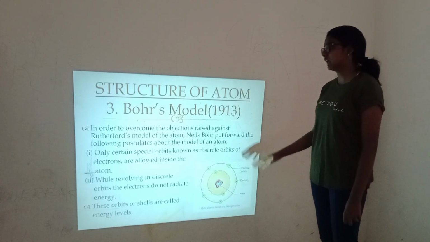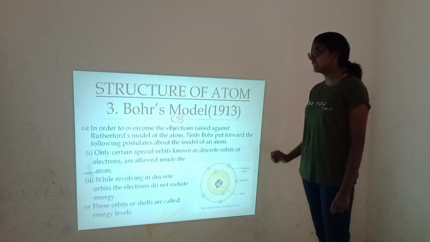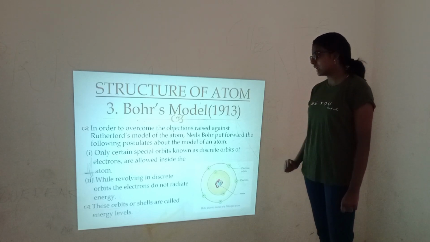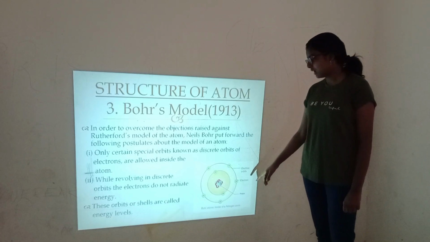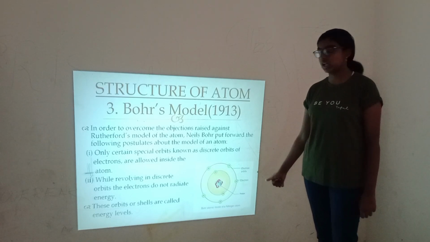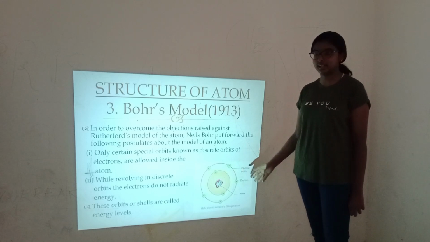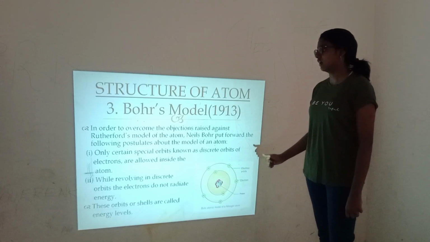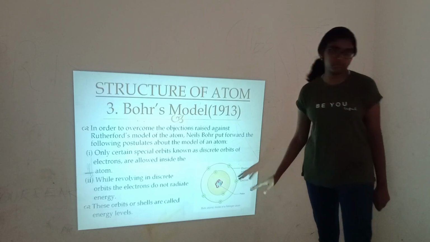The first one was that only certain special orbits, known as discrete orbits of the electrons, are allowed inside the atom, and these orbits or shells are also called energy levels. While revolving in discrete orbits, the electrons do not radiate energy. These are the things that Bohr put forward.